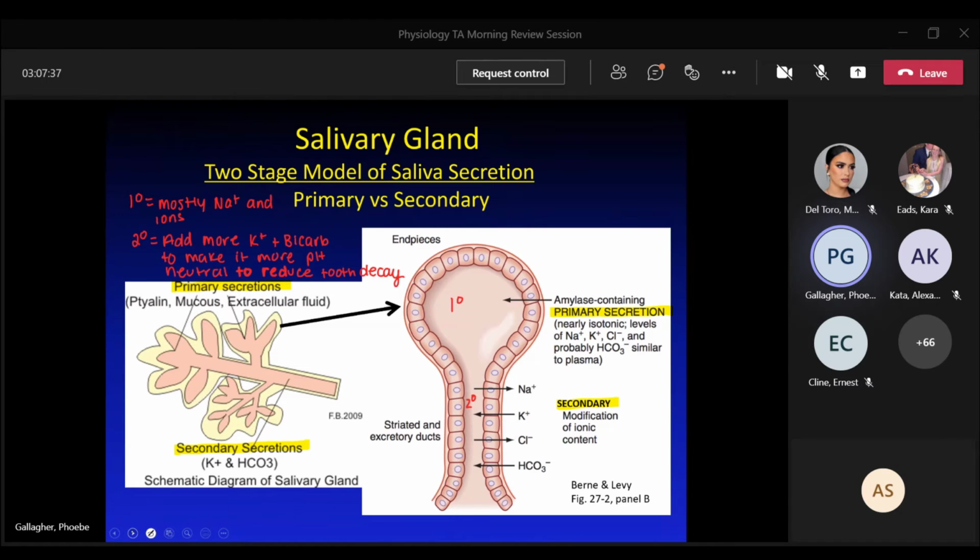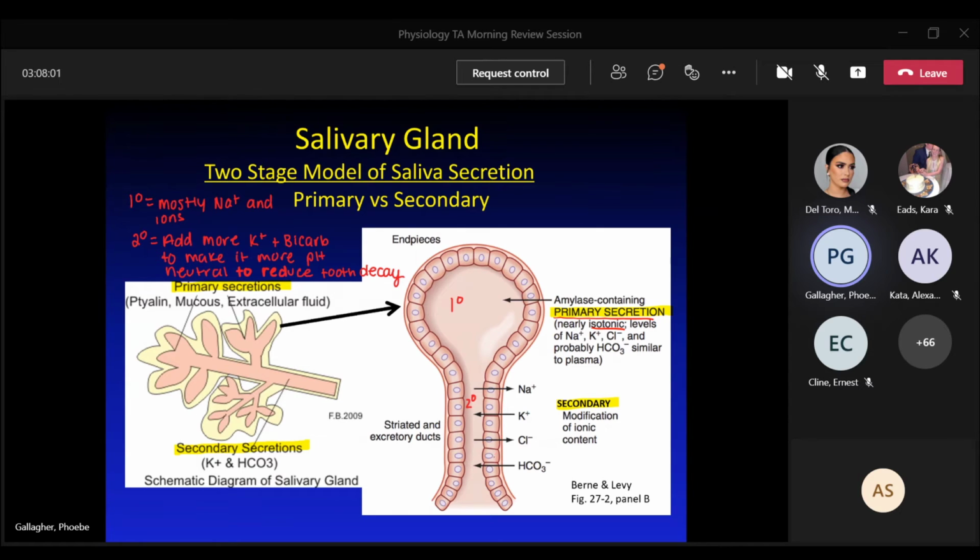Okay, so you probably already talked about salivary glands and histology, so this is mostly review. So your primary secretions are going to be isotonic. It's going to be mostly sodium. You'll see bicarb, chloride, potassium, those kinds of things that will be secreted from the primary secretions. And then your secondary secretions are going to happen in the duct.